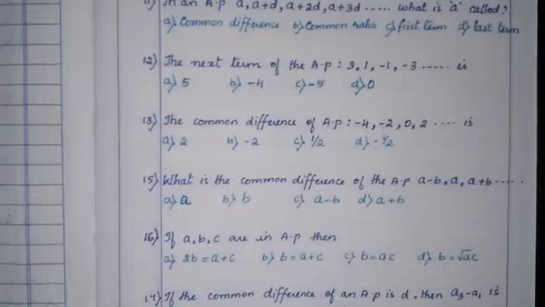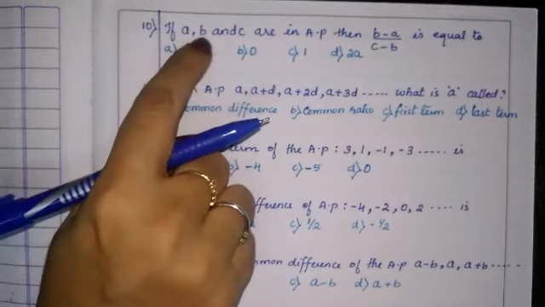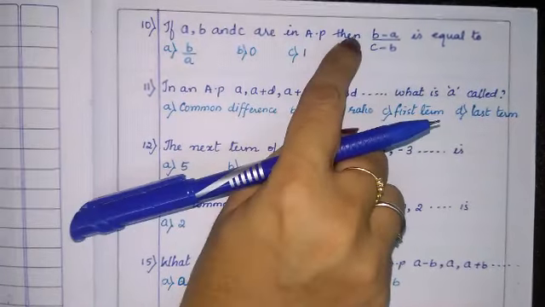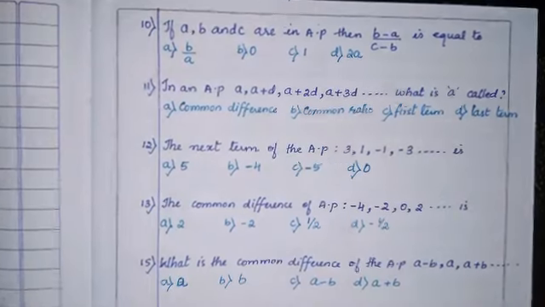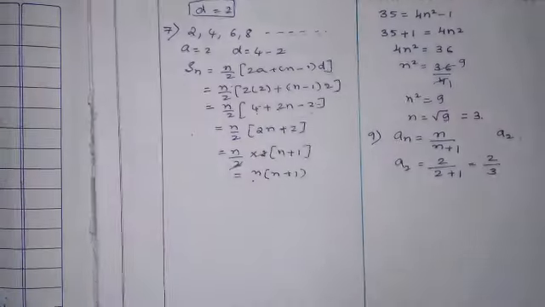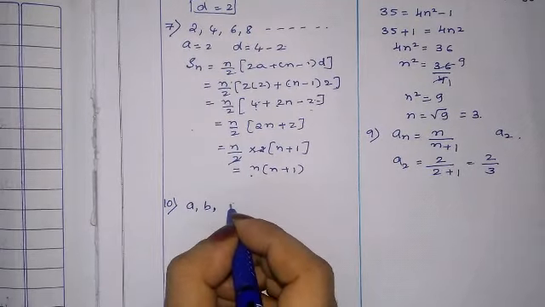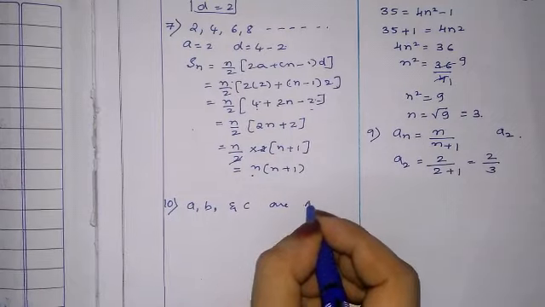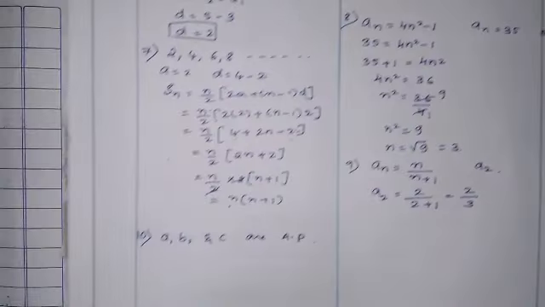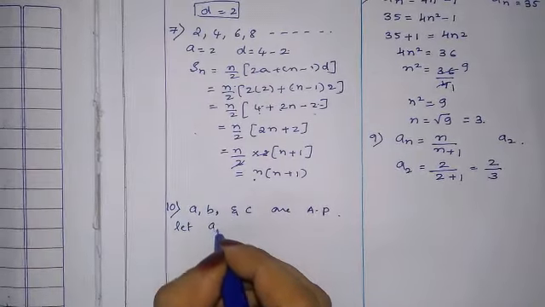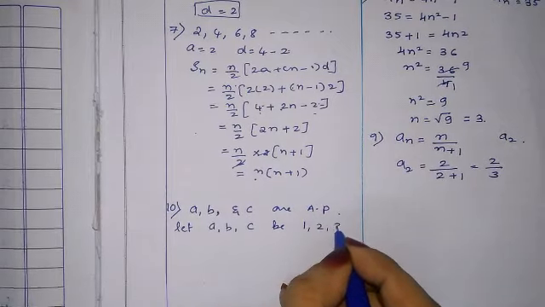Let us see the next question, question number 10. If A, B and C are in AP, then B minus A upon C minus B is equal to what? This is a repeated question. Let A, B and C be 1, 2, 3.